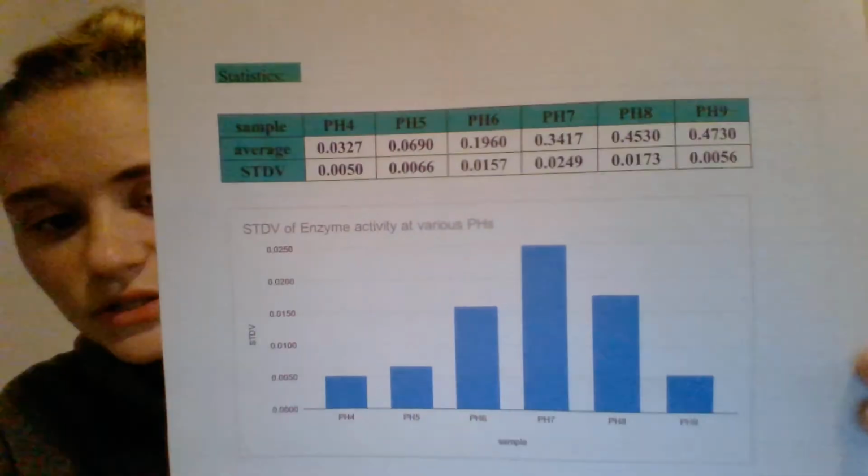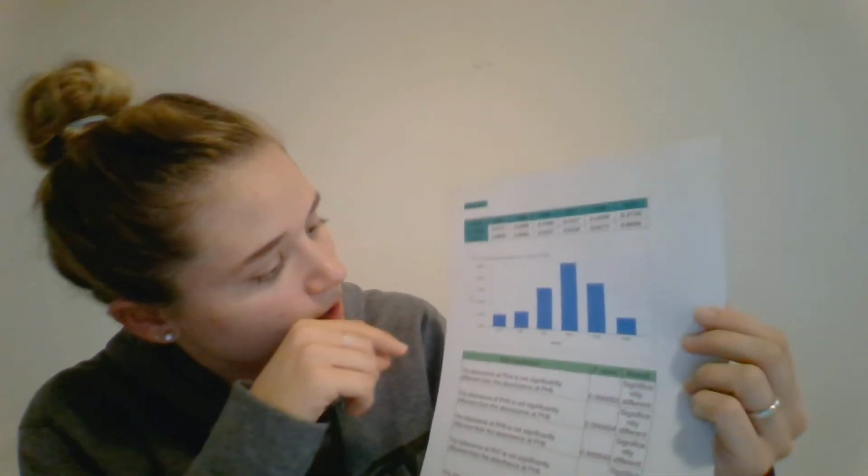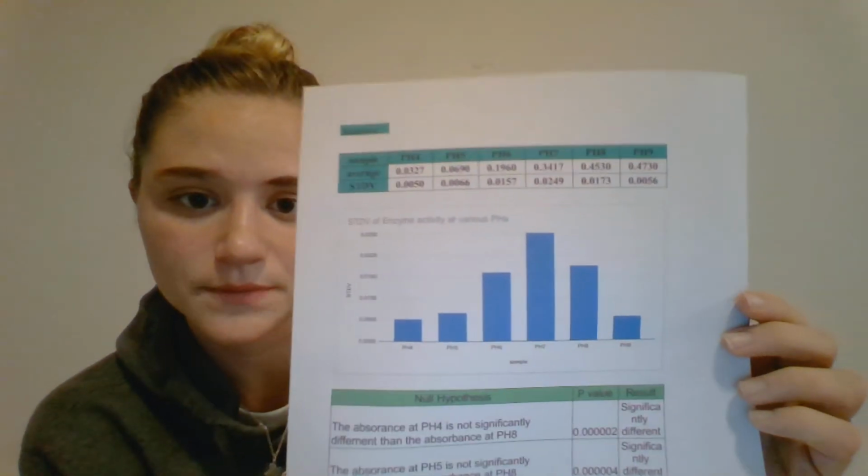Next, we are going to look at the averages as well as the standard deviation, and we're going to look at that put into a graph as well. As you can tell, a pH of 7 actually had the biggest standard deviation, and then a pH of 4 had the smallest, and a pH of 9 the second smallest.